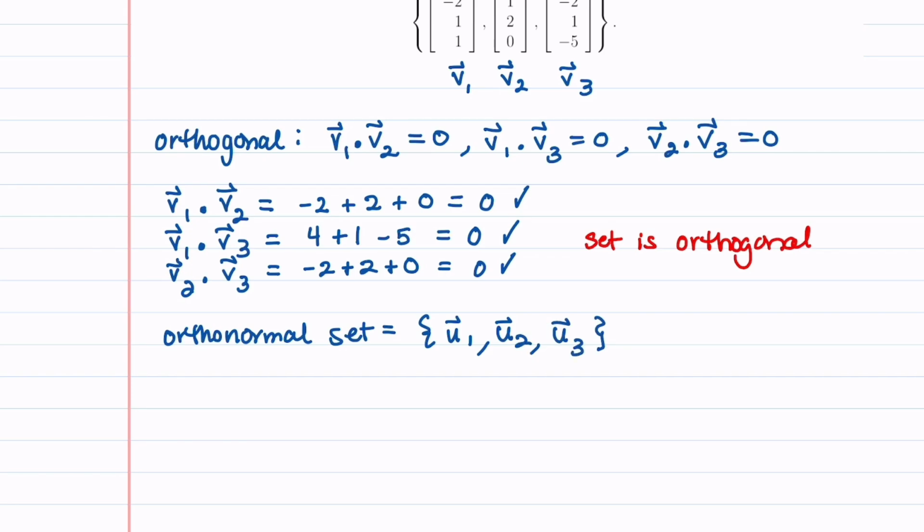When a set of vectors is orthonormal, the vectors are orthogonal, and the vectors also have a length equal to 1. So we're going to let u1 be v1 divided by the magnitude of v1, because dividing a vector by its length gives it a length of 1. And then we're going to write down a similar formula for u2 and then u3.